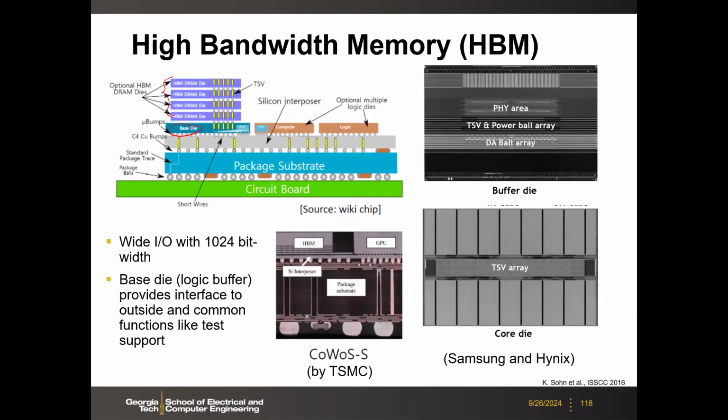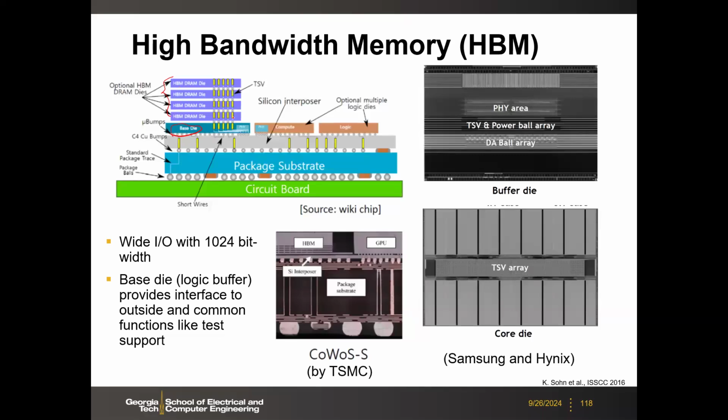Here you will have the I/O interface circuits and other timing control and scheduling, with the physical layer, PHY. All of those will be integrated on this logic die, which is called the base die. Then this is the entire HBM stack: you have a logic base die and multiple 2D DRAM dies.